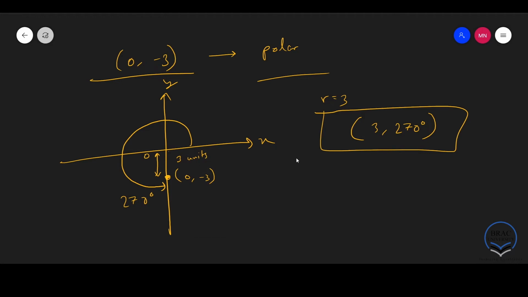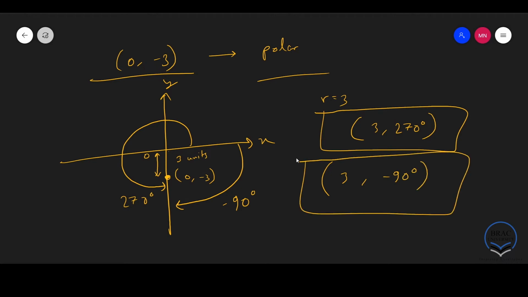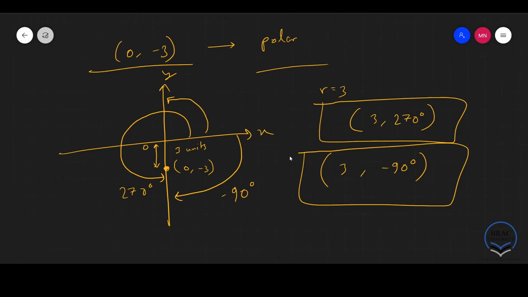Similarly, I can also just rotate clockwise by 90 degrees, right? This is a rotation of 90 degrees clockwise, and I will arrive at this point. So I can also just consider 3, minus 90 degrees, right? This will also describe the exact same point. Or I can also rotate 90 degrees anti-clockwise and consider a negative radius, right?